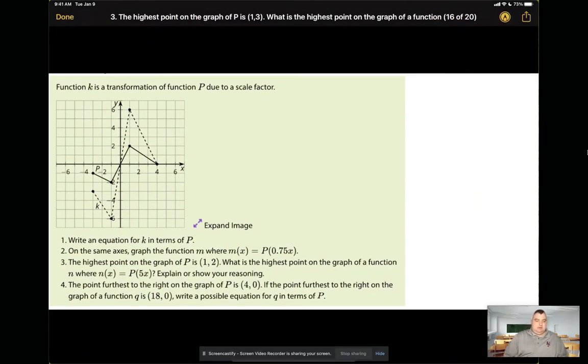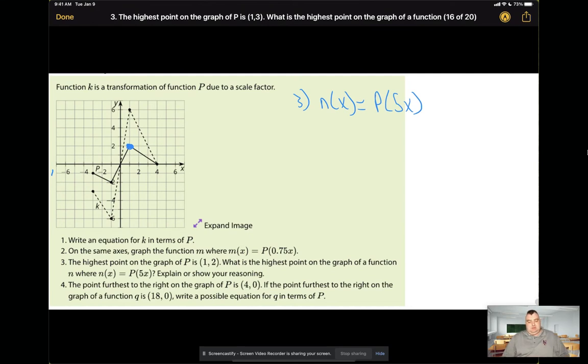Okay. So number 3, the highest point on the graph of P is 1, 2. So that's this point right here. Okay. What is the highest point on the graph of a function n where n of x equals P of 5x?